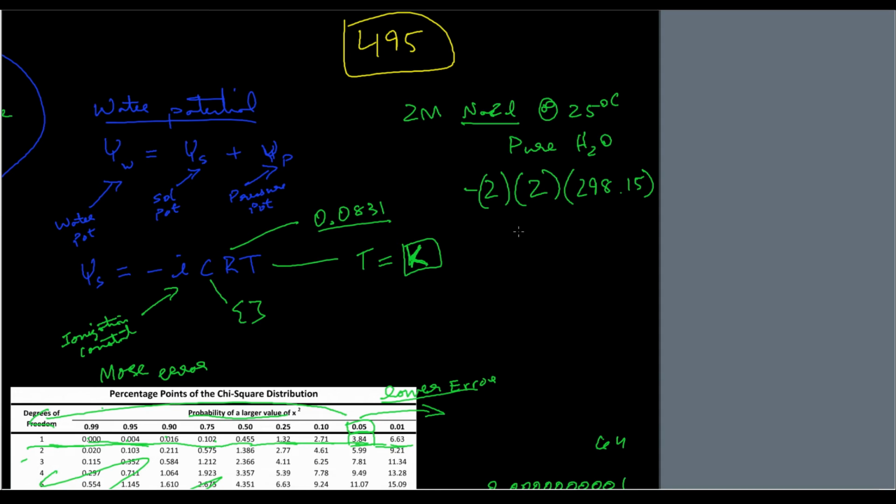Now if we just multiply it out, we should get our value. So -2 times 2 times 298.15 would give you -1192.6. Now if we take this and plug it into the water potential formula, we should get our answer.